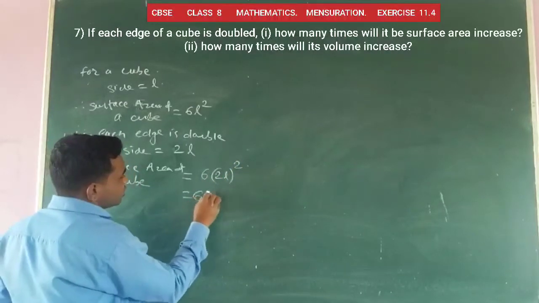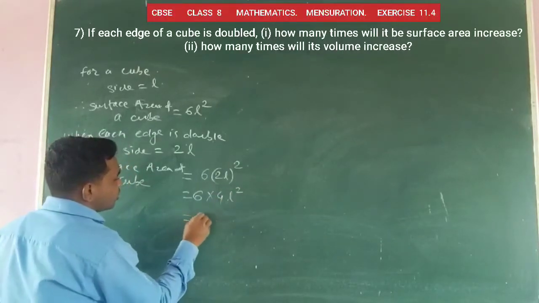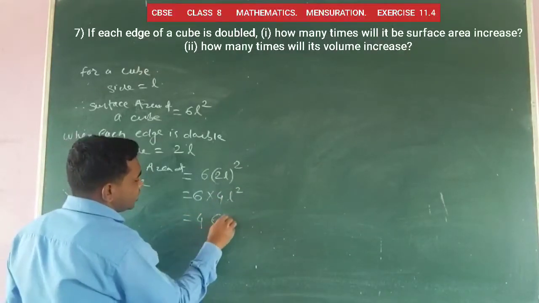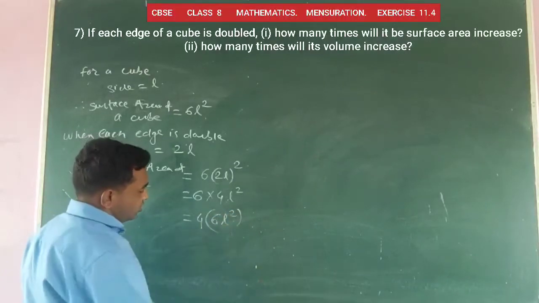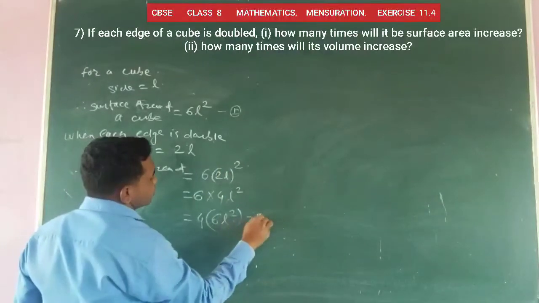So here 6 into 4L square. So we can write this 4 and this 6L square. This is equation number first, and this is equation number second.